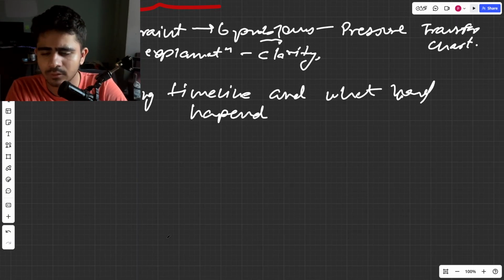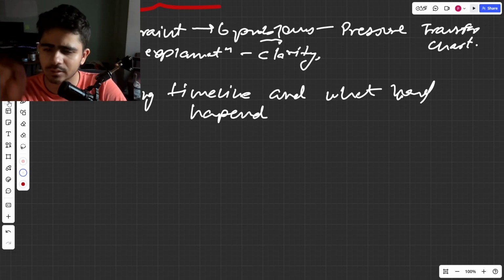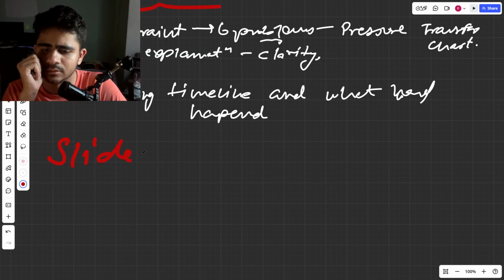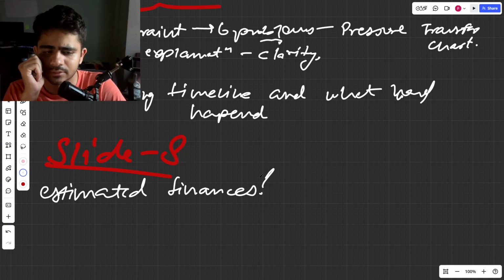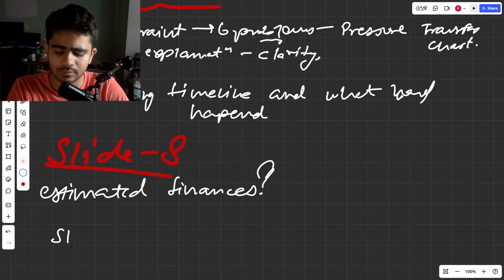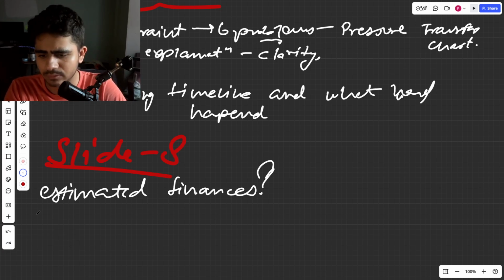Alright. Slide number 8 can be the finances. Slide 8 can be estimated, why does this smell so bad all of a sudden? Estimated finances and... see, I'm yet to understand these.